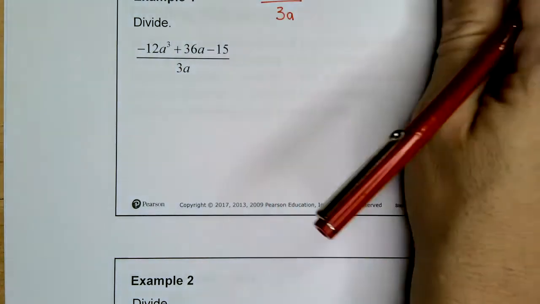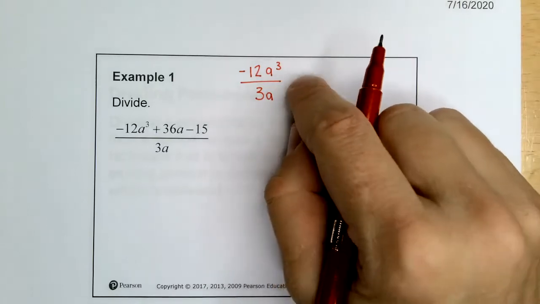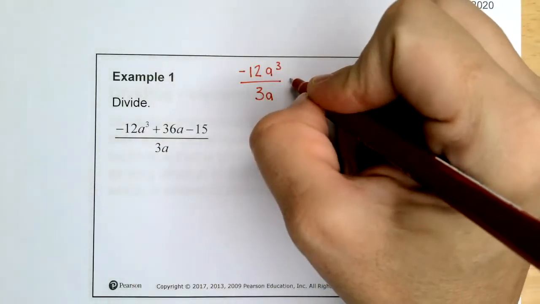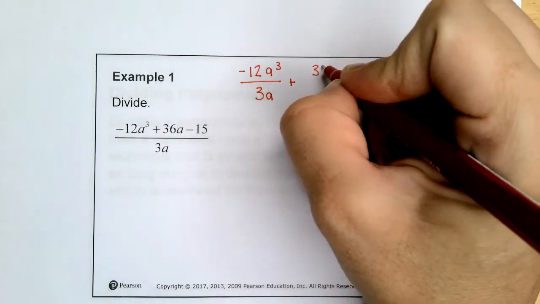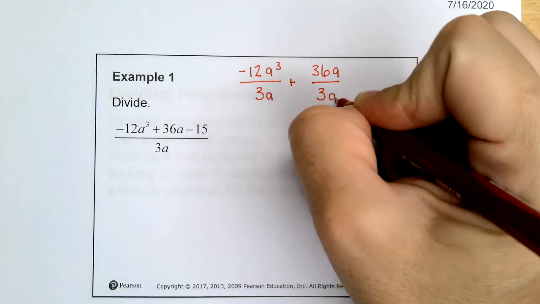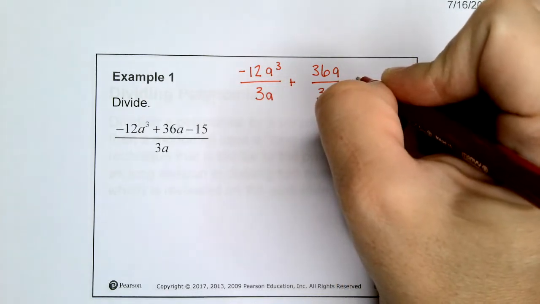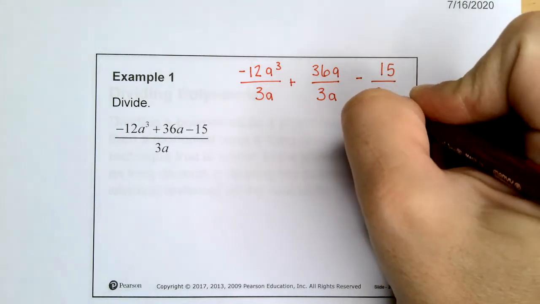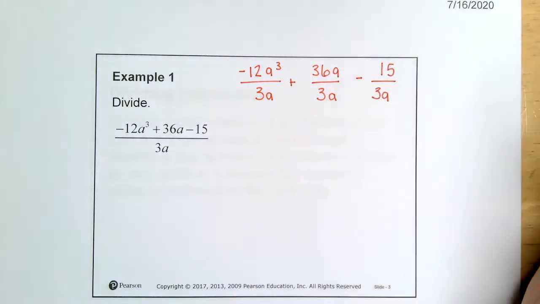So I'm just separating it out. Negative 12a to the third over 3a. This is a plus, so I'm going to put a plus between them. 36a over 3a. And then I'm going to put a minus 15 over 3a. You could also put a plus and then make the 15 a negative. Whatever.